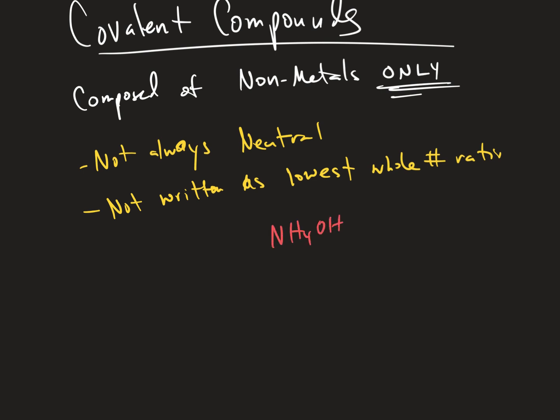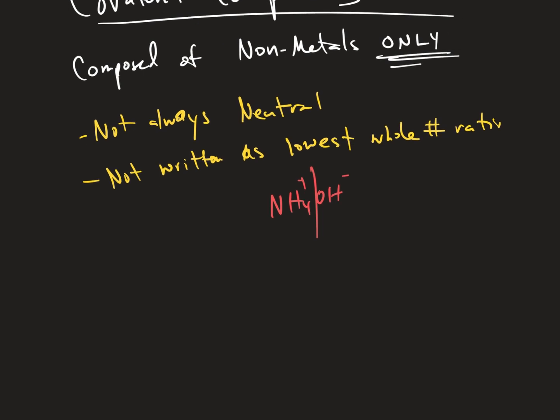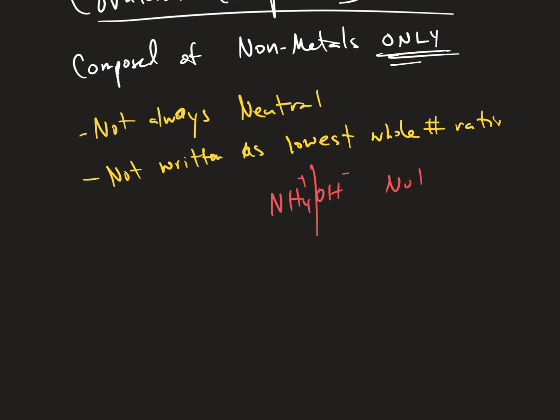Is that ionic or covalent? There's no metals in it. But this is a cation, that's the anion. This is an ionic compound. How are you going to know those? If you get the polyatomic ions down, you'll know them. Okay? So, not covalent.